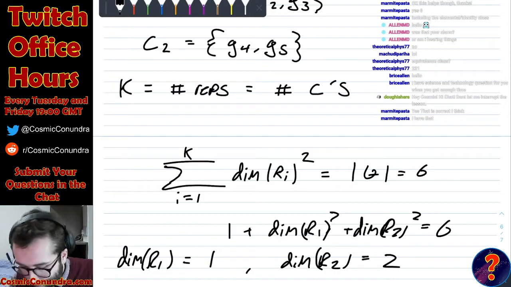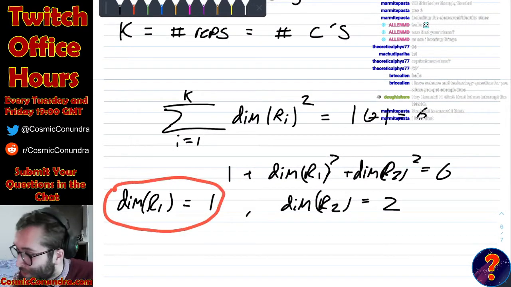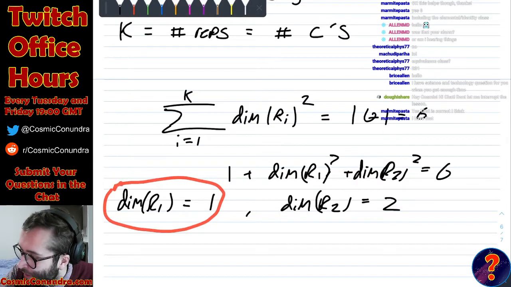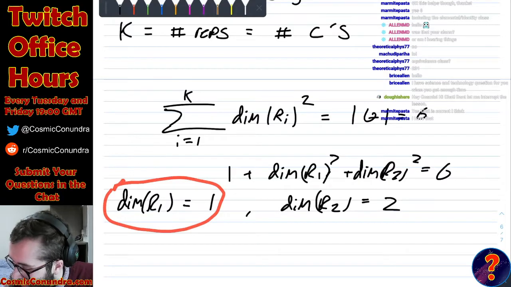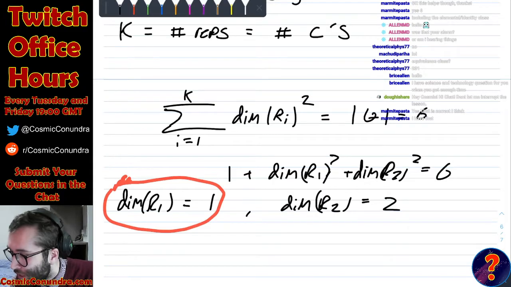Okay? So this is certainly the easiest next representation we can construct. It's one-dimensional, so the representation matrices are not really going to be matrices at all, they're just going to be numbers. Okay?